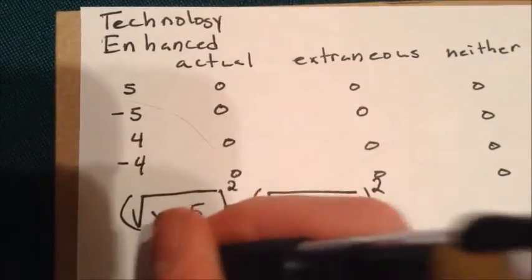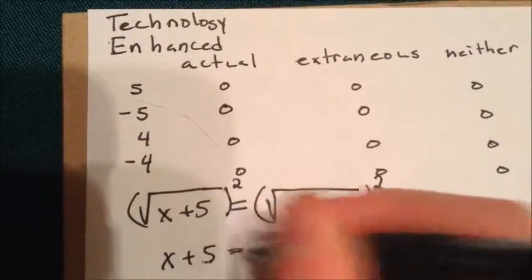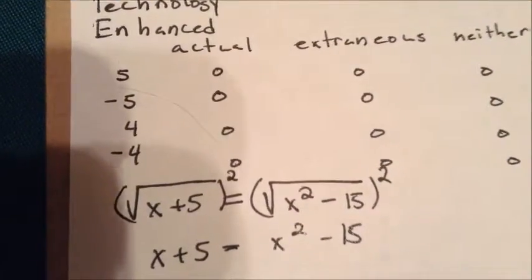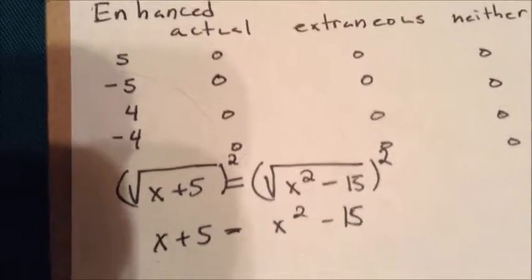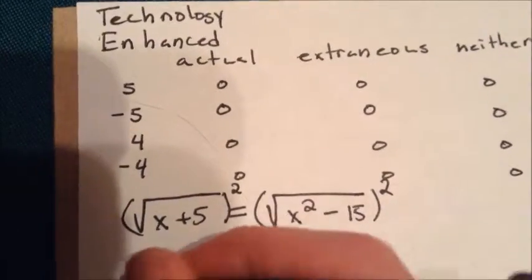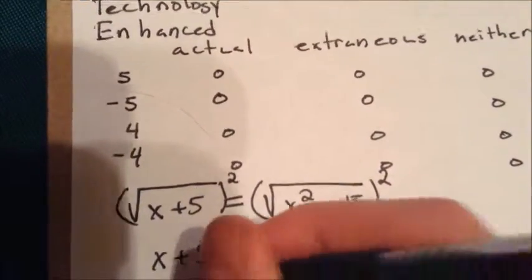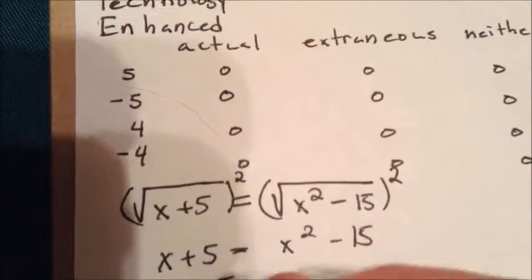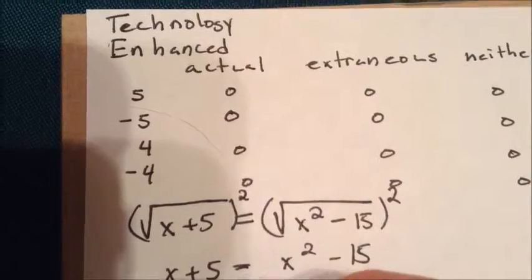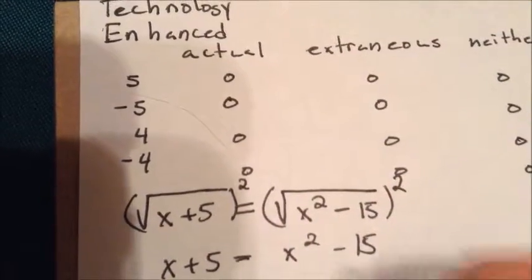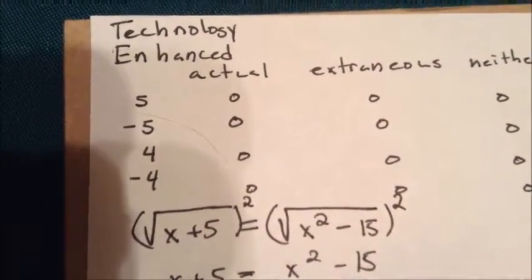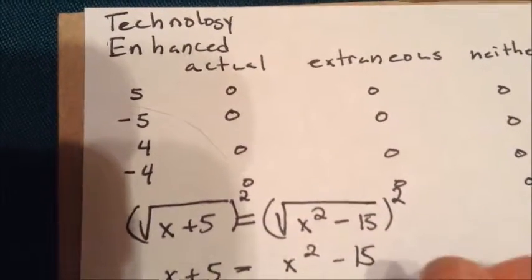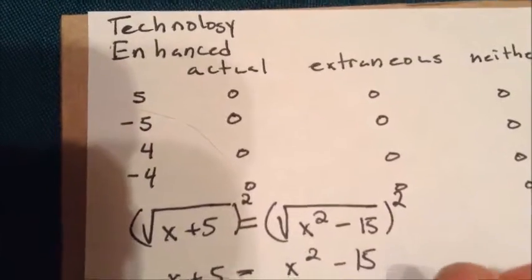This leaves us with x plus 5 equals x squared minus 15. Now we move them all over to one side. So minus x minus 5 equals 0 equals x squared minus x minus 20.